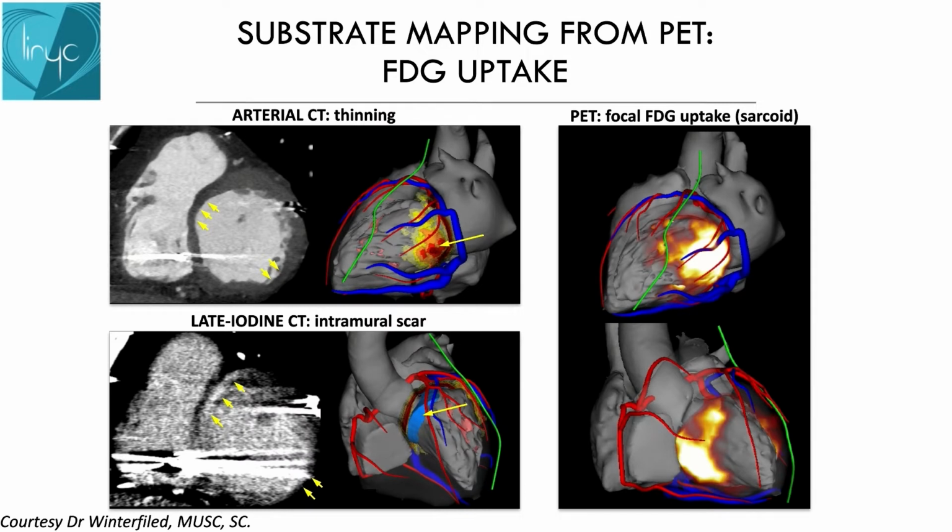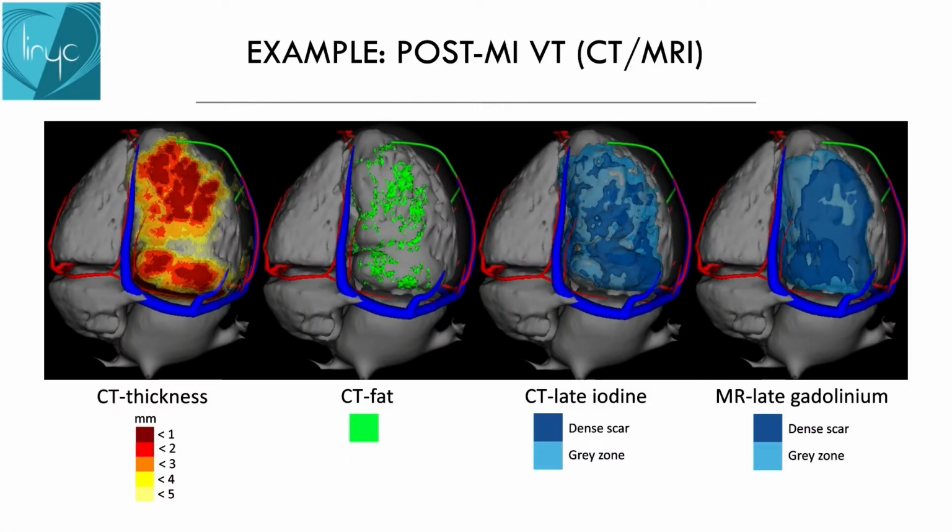So you can also use some FDG uptake. This is a sarcoidosis patient here, which helped guide an ablation case by Jeff Winterfield in the US.